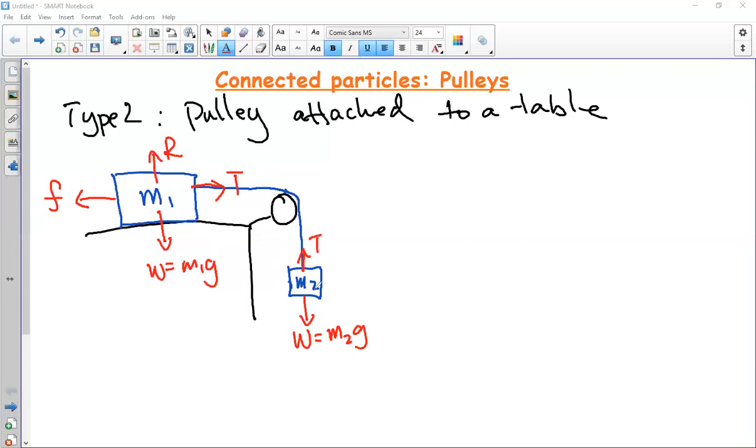If I release the box m2, and m2 is quite heavy, it will start to pull the string downwards, so it's going to accelerate downwards. Now when I pull the string here, what's going to happen to this box m1? Well, the box will get pulled towards the right hand side, with the same acceleration.